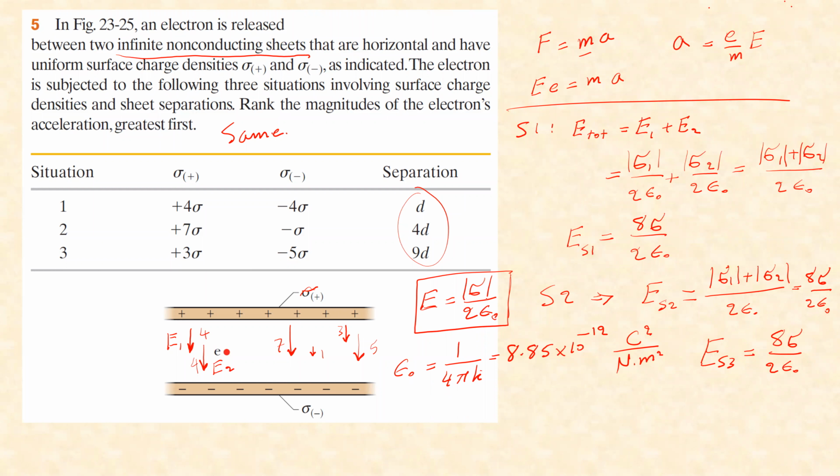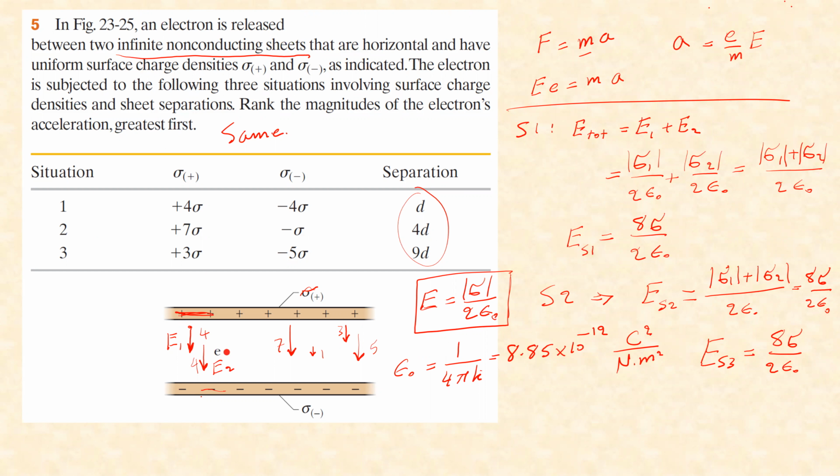So at any point in here, it is away from these positive charges. And for this lower one, it's toward the negative charges, which is E2. E2 is 4 sigma over 2 epsilon naught, and E1 is 4 sigma over 2 epsilon naught. The sum of them is 8. Which ones again?